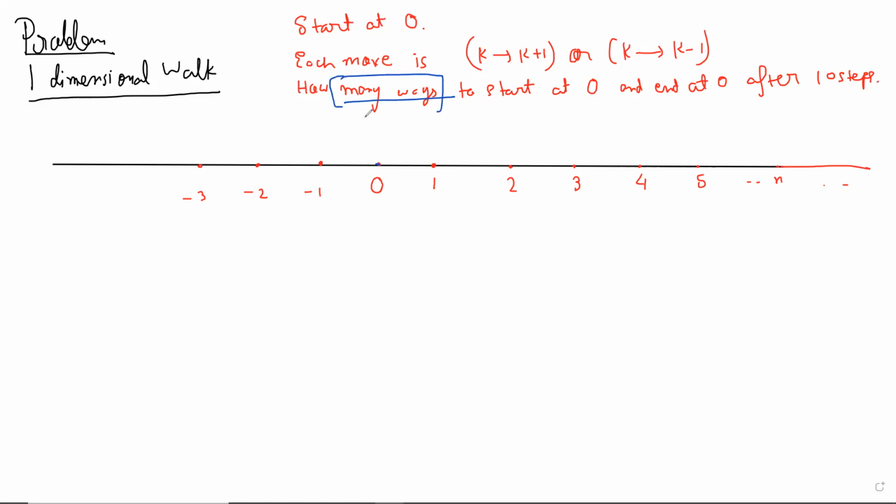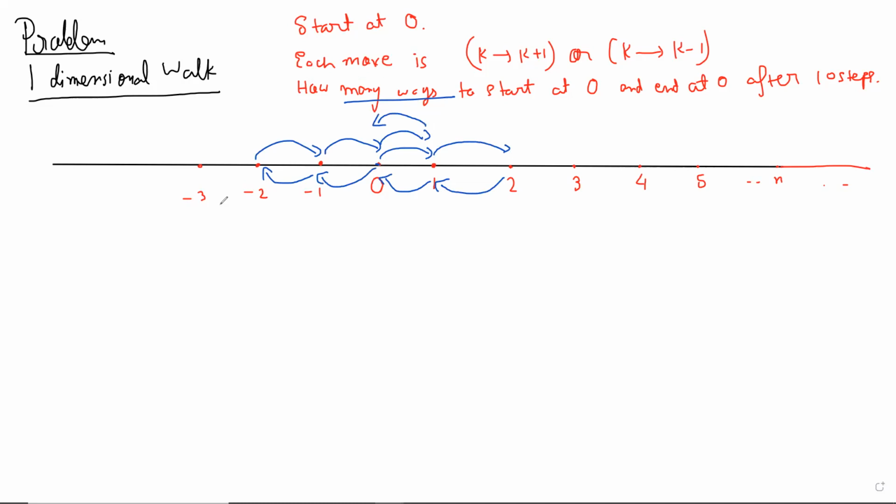We have seen this theme earlier, but what I mean is that the exact sequence of moves matters. How many different sequences of moves? For example, you can go from 0 to 1, then from 1 to 2, then third move you come back, fourth move you come back, fifth move, sixth move, seventh, eighth, ninth, and then 10th.